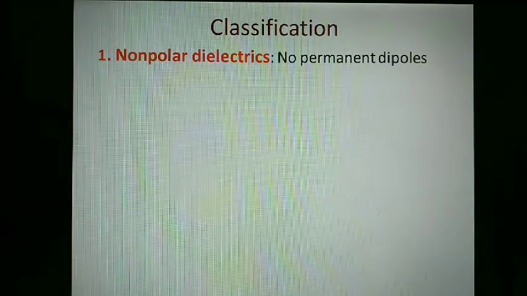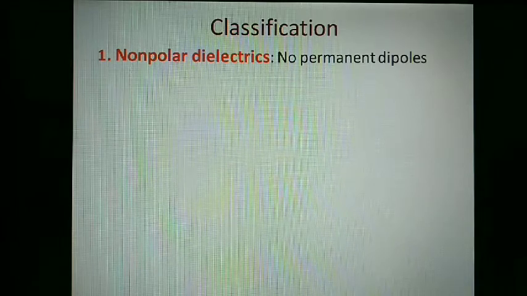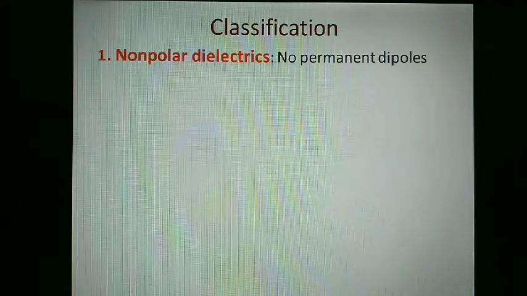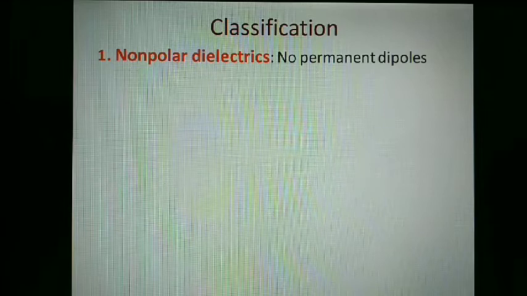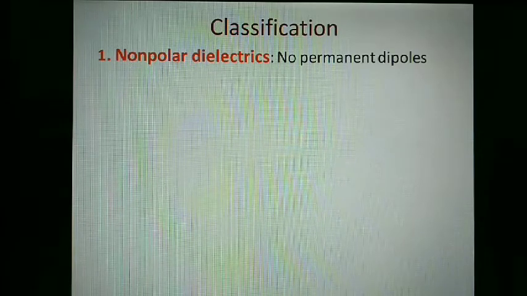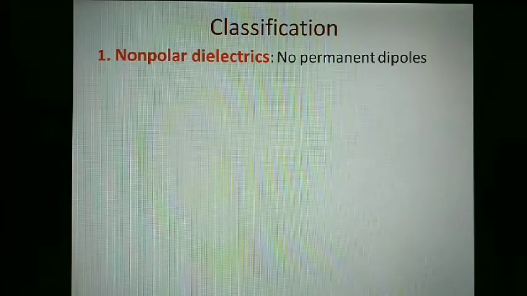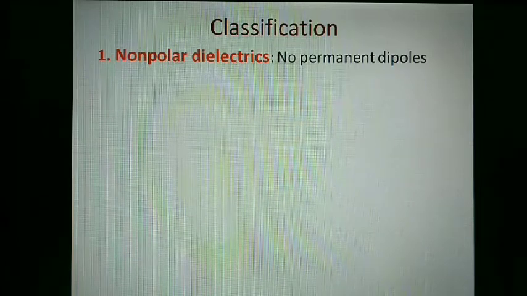polarized and become dipoles, which are known as induced dipoles. These induced dipoles will disappear on removing the electric field. For example, in methane, benzene, etc., this kind of phenomenon can happen.